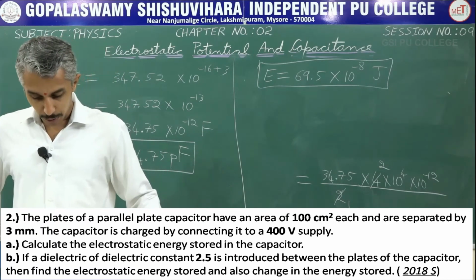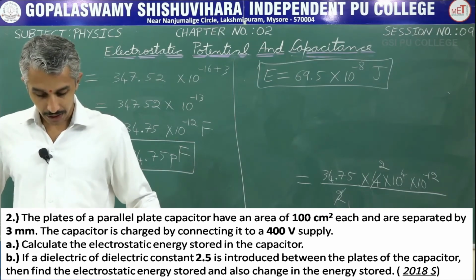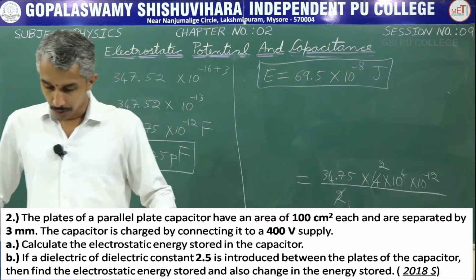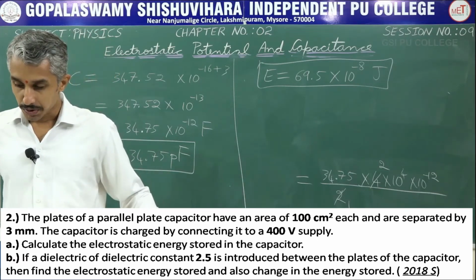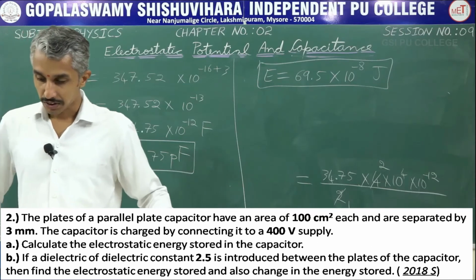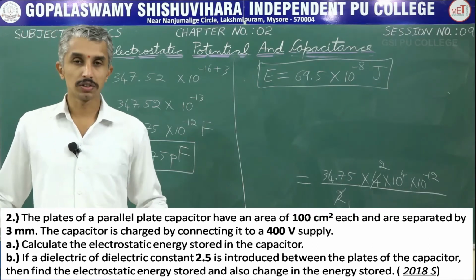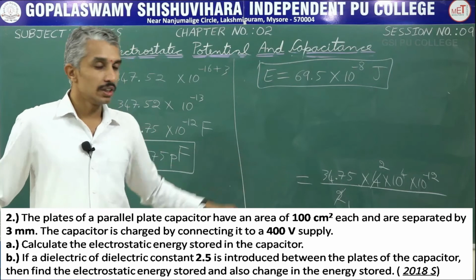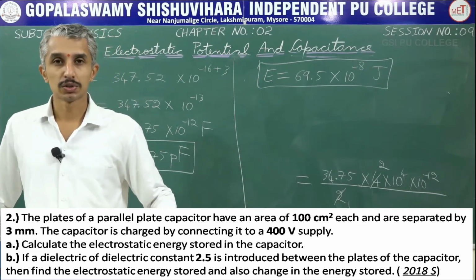The plates of a parallel plate capacitor have an area of 100 centimeter square each and are separated by 3 mm. The capacitor is charged by connecting it to a 400 volt supply. Calculate the electrostatic energy stored in the capacitor. So we can follow the same procedure as we have done here in calculating the energy stored.